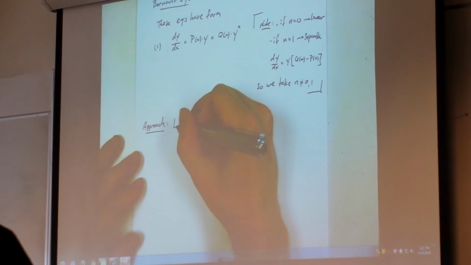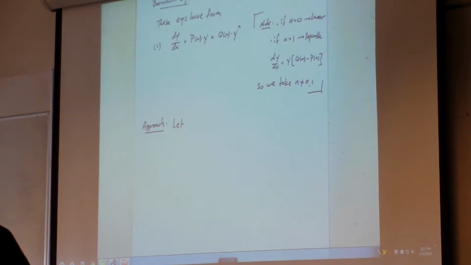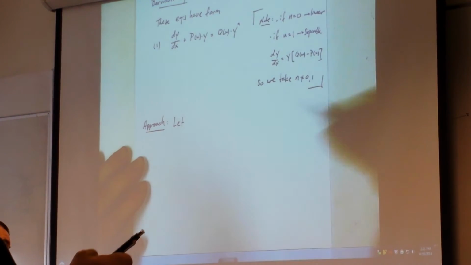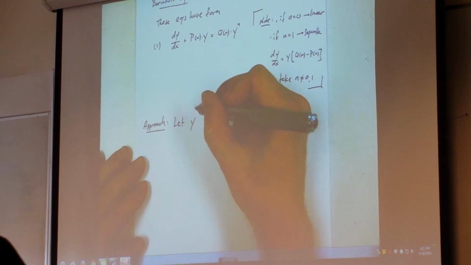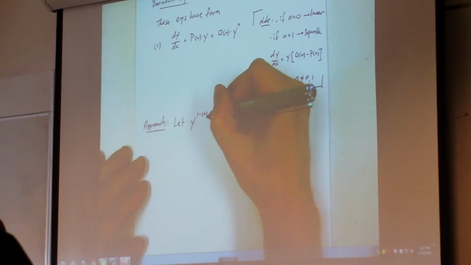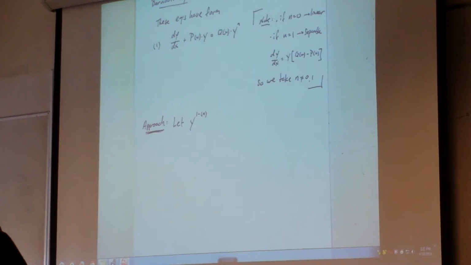So the approach is similar. It's going to be a substitution, but not the y over x business. What we're going to do, and don't ask me where this came from, who thought of this? I don't know. Bernoulli. Now I'm going to follow through a little bit on just the general equation, and then we're going to do a specific example and see how it works out.